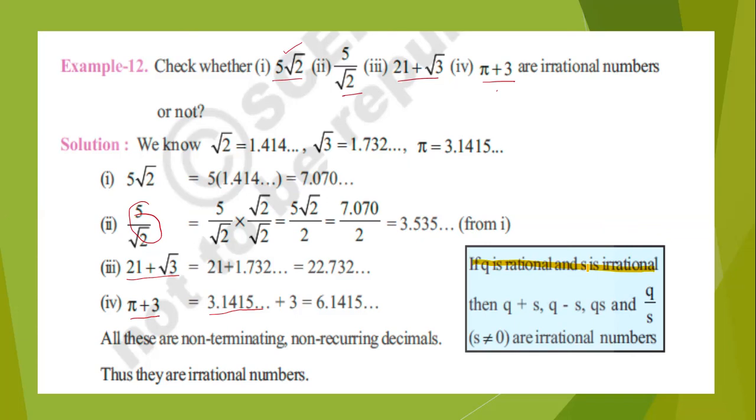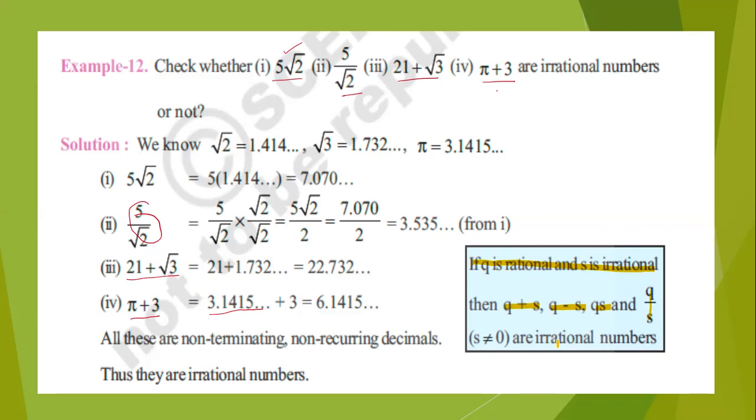If Q is rational and S is irrational, then Q plus S, Q minus S, QS and Q by S, where S is not equal to 0, are irrational numbers.